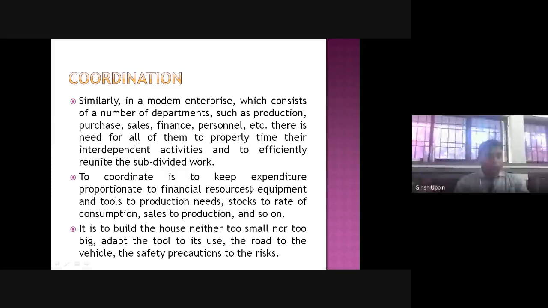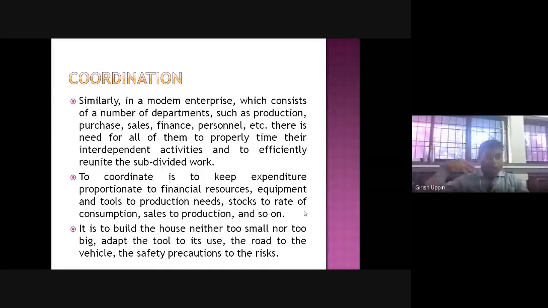To coordinate is to keep expenditure proportionate to financial resources, equipment and tools to production needs, stock to rate of consumption, sales to production, and so on. So how we should coordinate is to make sure that whatever the expenditures are, they are proportional. For example, whatever the production people are producing should be in line with the sales team.